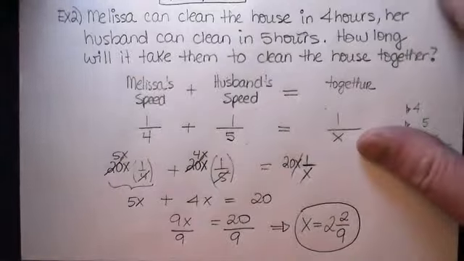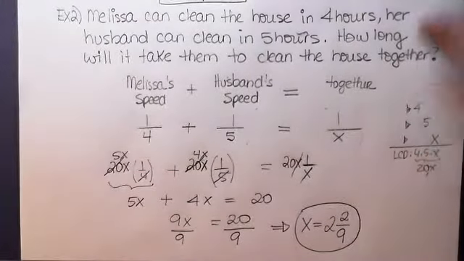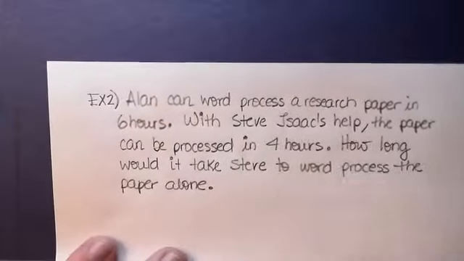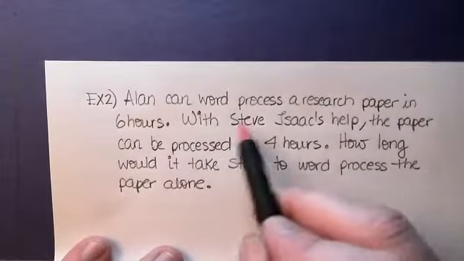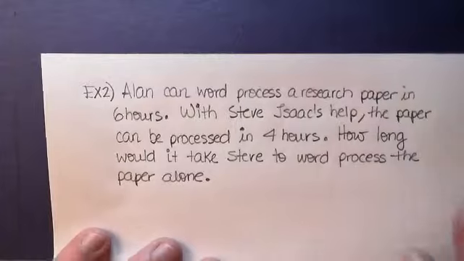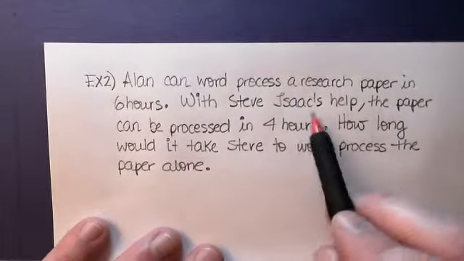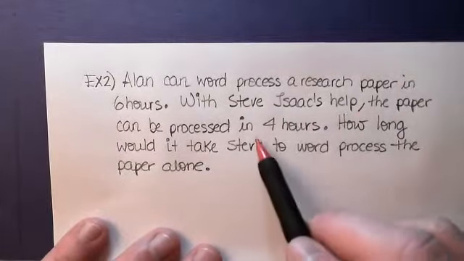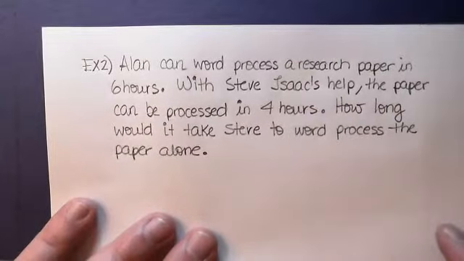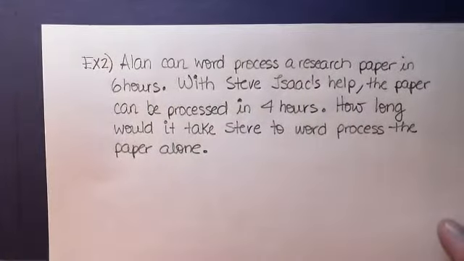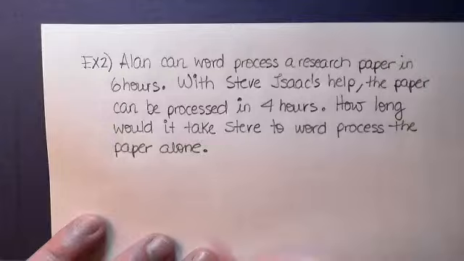Okay? Alright, let's go on to the next problem. Here I have a problem where Alan can word process a research paper in 6 hours. With Steve Isaac's help, the paper can be processed in 4 hours. How long will it take Steve to word process the paper alone?